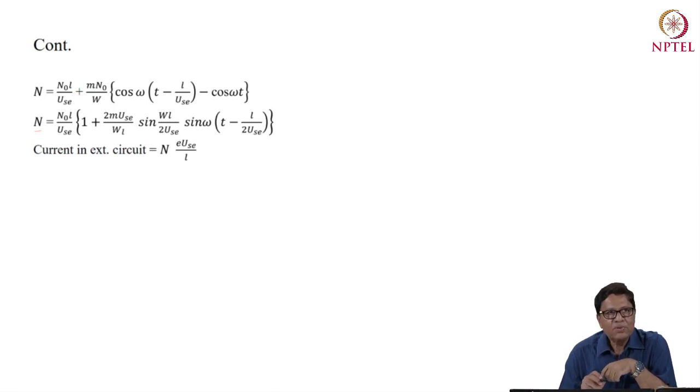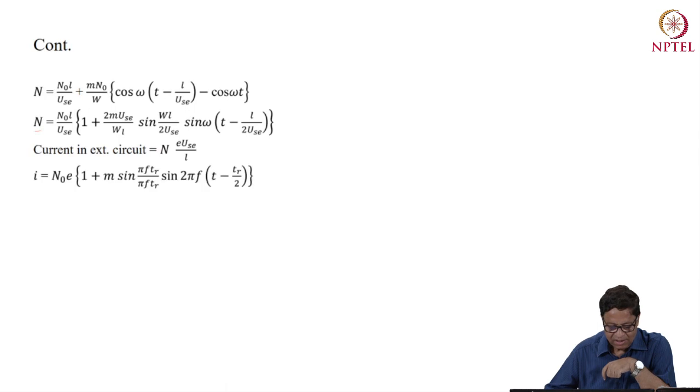So if I want to calculate the current in the external circuit, it will be number of electrons into E saturation velocity divided by L. After putting omega equal to 2 pi f, I get something like this.